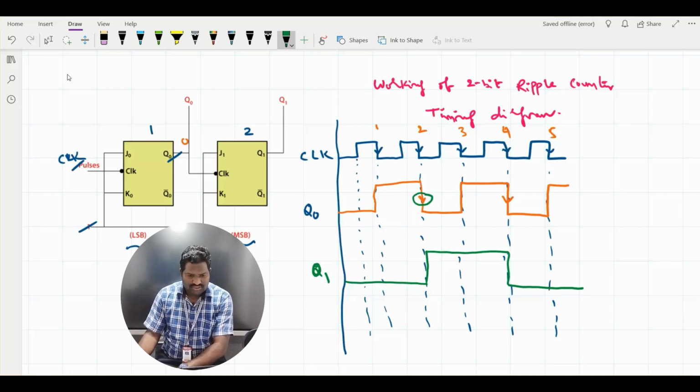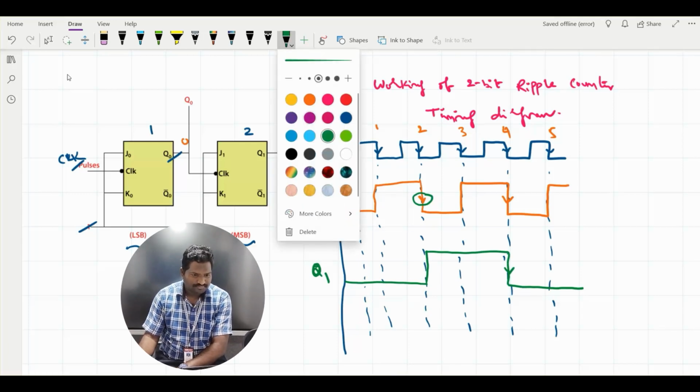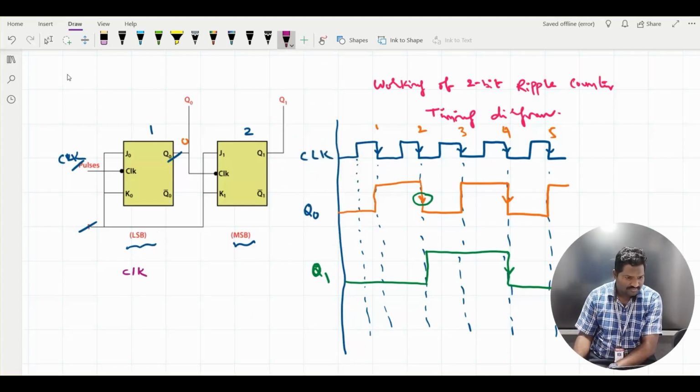Okay, so now let me find the sequence, how the numbers will be counted upwards. For the timing diagram of Q1, the negative triggering pulse will also be given here. Okay, let's make it a table. So here I am writing clock pulse.